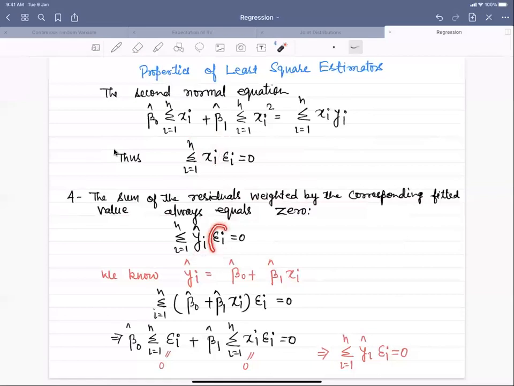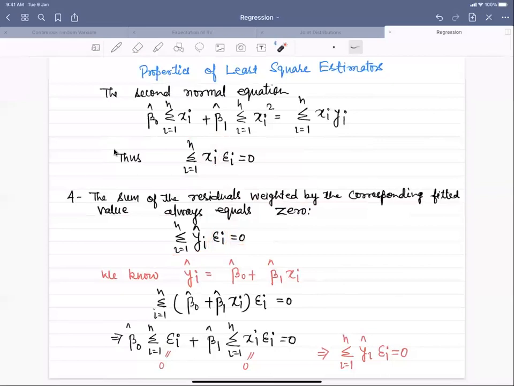Here we are weighing the epsilon i with the corresponding fitted values yi cap and then summing over the entire length of the data. What we are getting is 0.